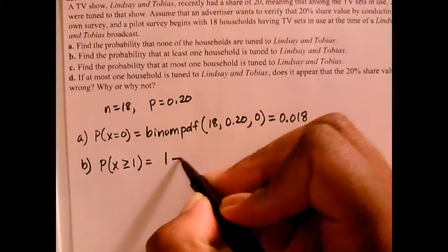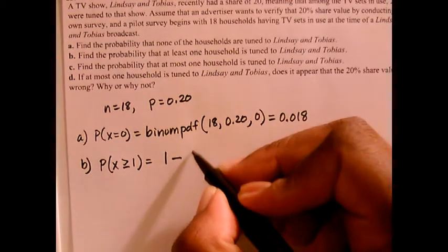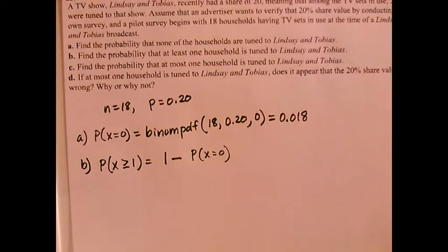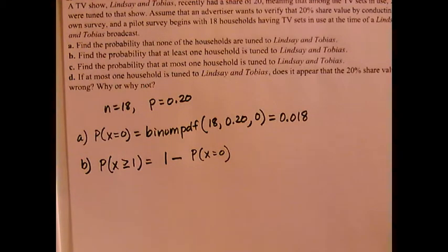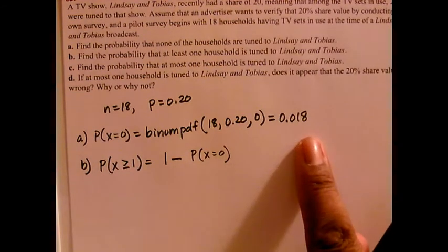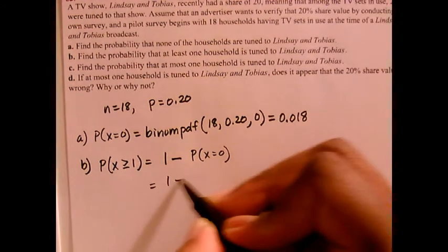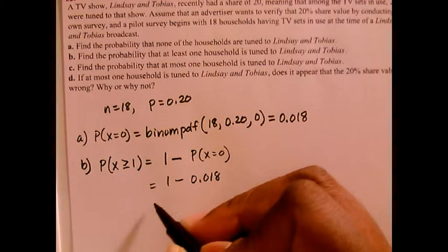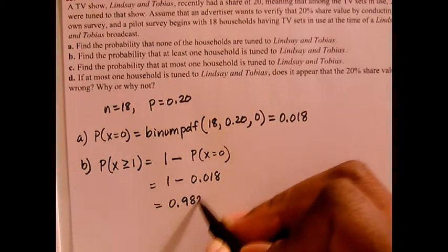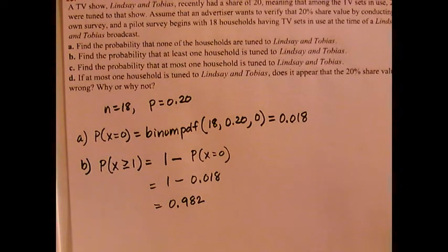That's going to be the complement of the probability that no one watched the show, that's the probability of X equals 0, which we found to be 0.018. So if we do 1 minus 0.018, you're going to get 0.982. So the probability that at least one household is tuned to Lindsay and Tobias will be 0.982. So this is where, when it says at least one, we use the complement, which is the probability that no one watched the show.